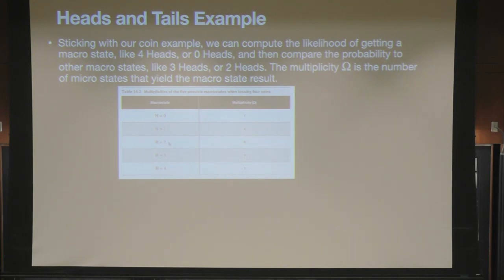But heads being 2 and thus tails being 2 has a multiplicity of 6. So that is the state with the highest entropy, and that's the most likely macro state that we're going to end up with based off of its multiplicity of microstates. How many macro states are there? Just one. The macro state is heads equal to 2 and tails equal to 2.